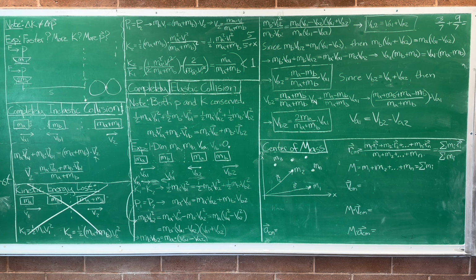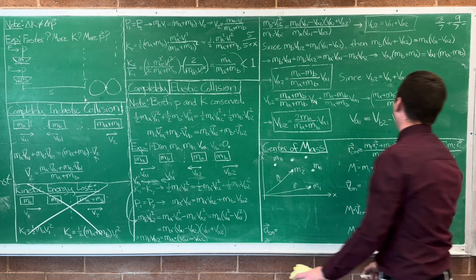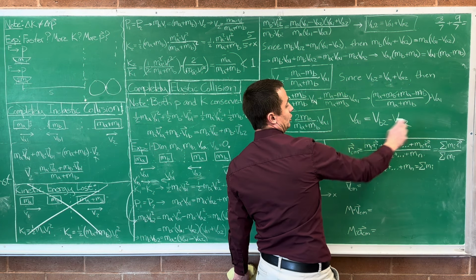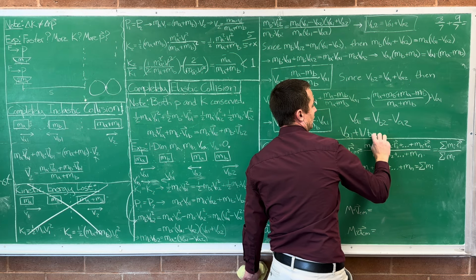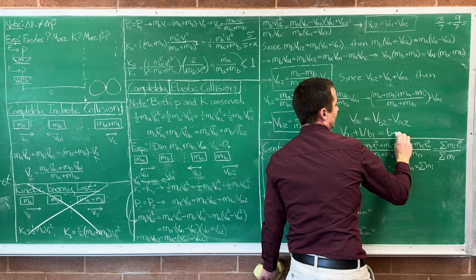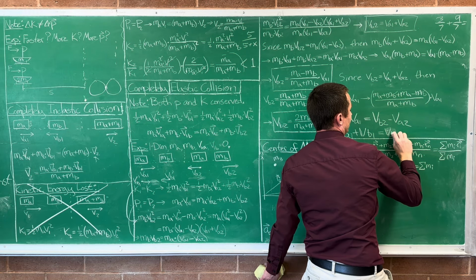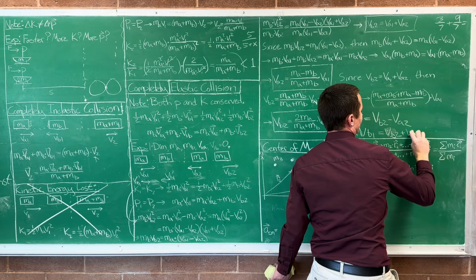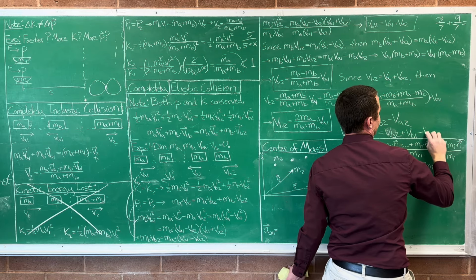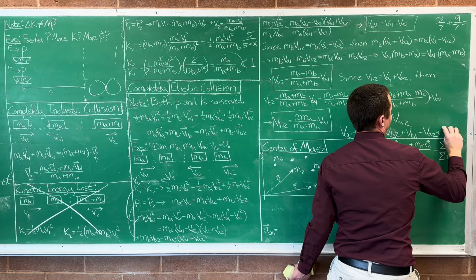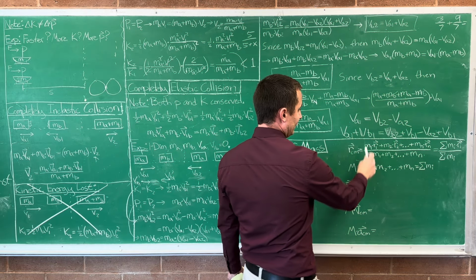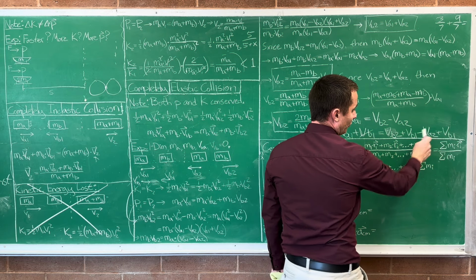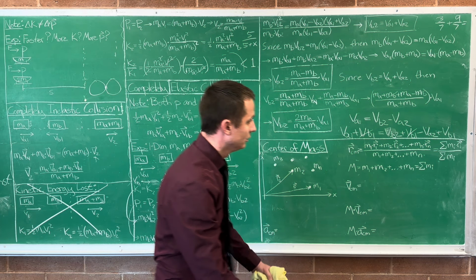And so, if you want it in general, you can convert all the velocities: VA1 plus VB1 is equal to VB2 plus VB1 minus VA2 plus VB1. Now you'll notice you can cancel out this VB1 with one of these two VB1s, doesn't matter which one.